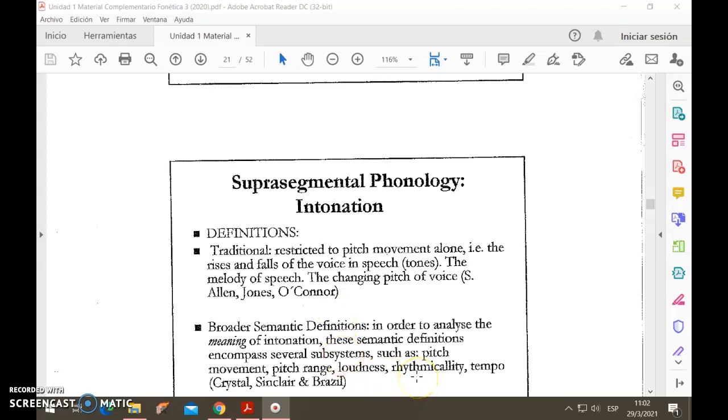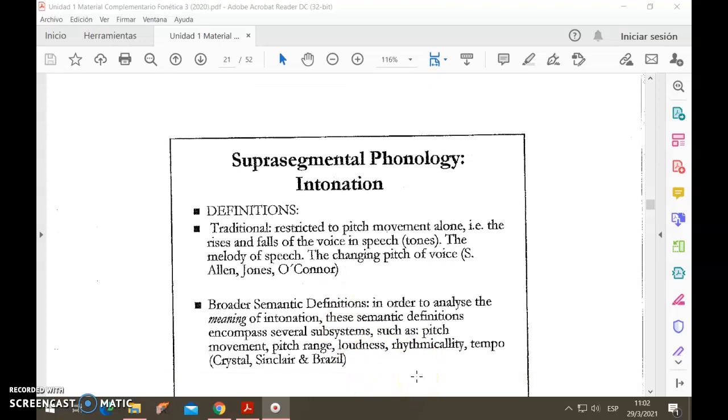As I told you, in this subject, we include other systems within intonation. And so our definition is broader because it encompasses several other subsystems. Of course, we need to include pitch movement. Pitch is el movimiento del tono de la voz, si va para arriba o si va para abajo. Okay?